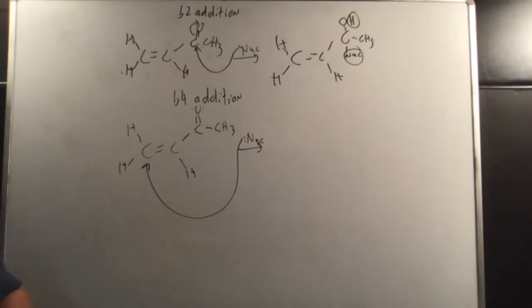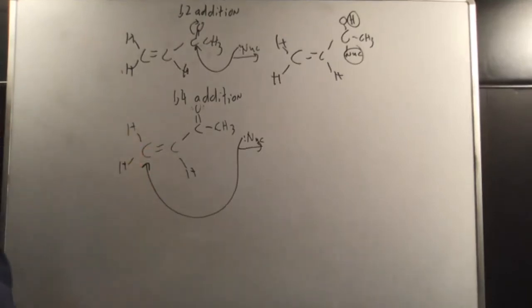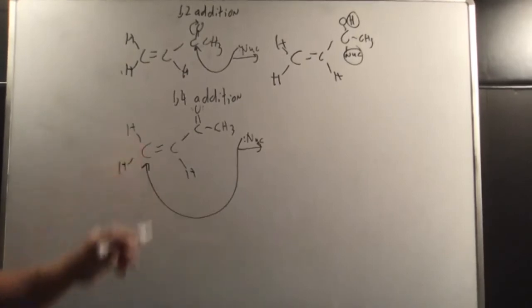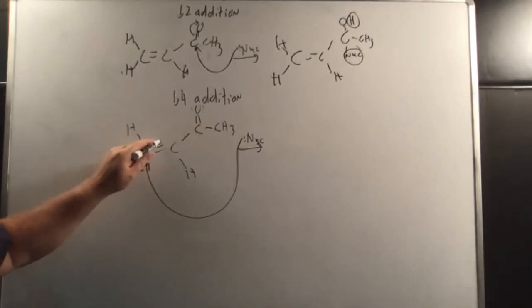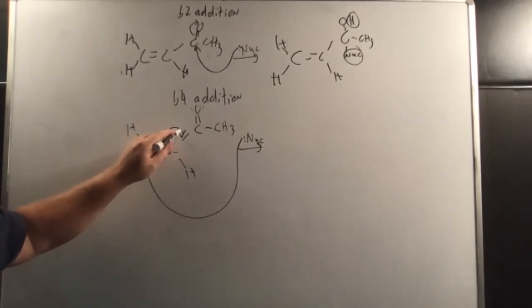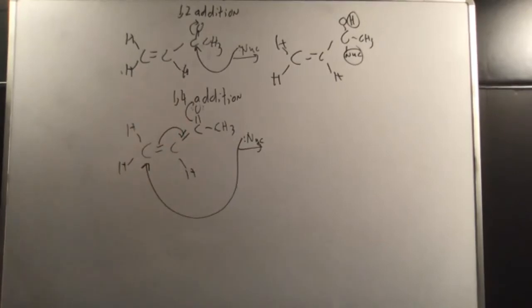So because we have a resonance structure where this carbon is partially positive, or totally positive actually, we can attack the nucleophile there. So if the nucleophile attacks there, this pair of electrons comes over and this pair of electrons goes up. Notice the product of that reaction.